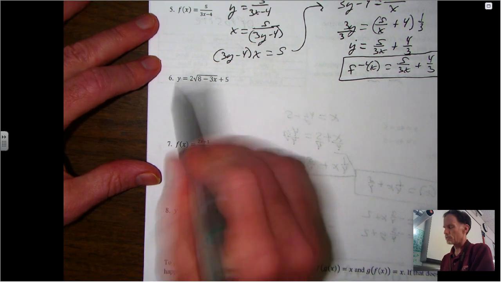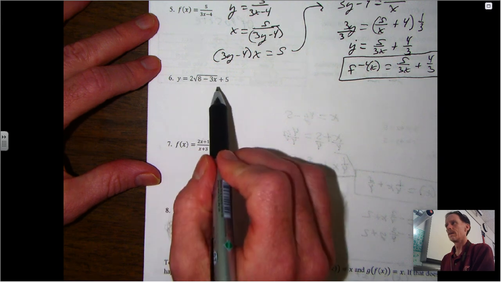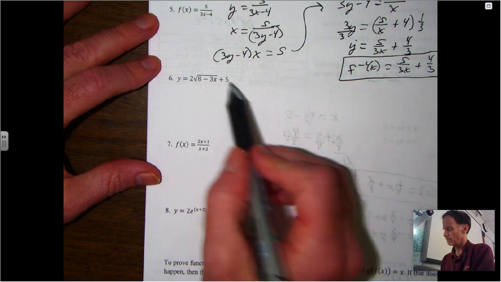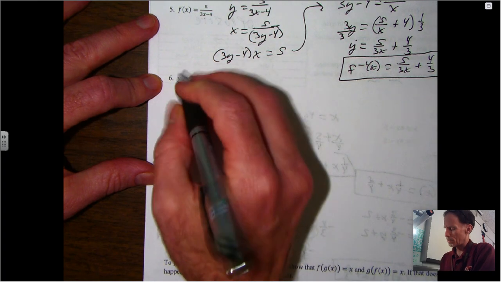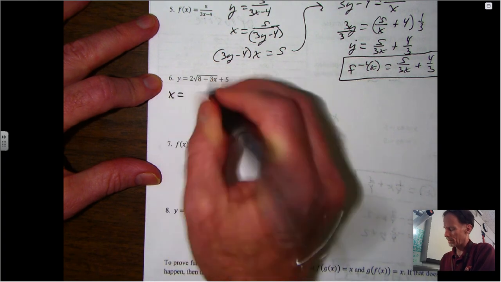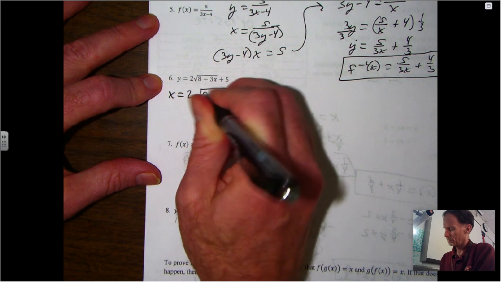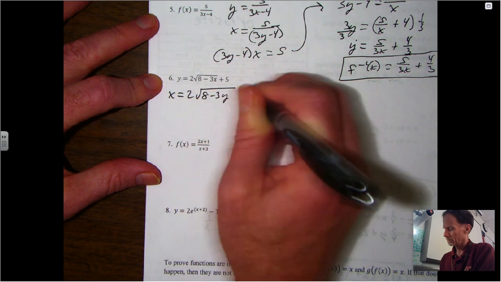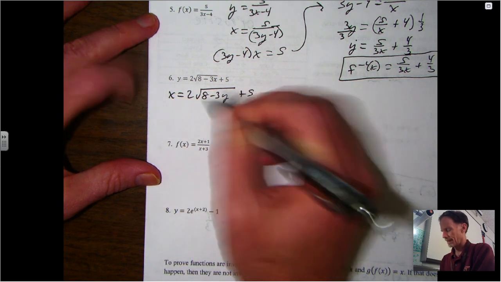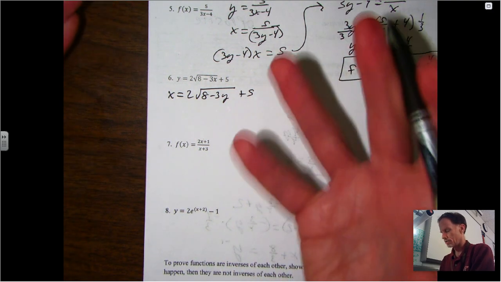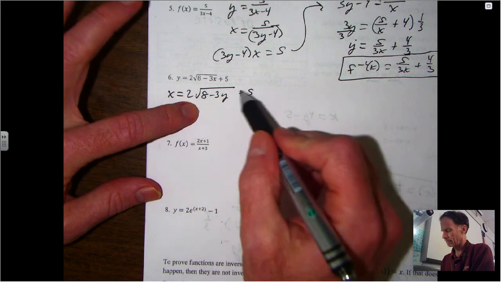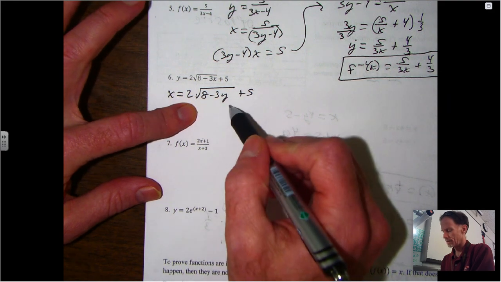One more, and this is about the most complicated one you're going to see here, even on a test. So let's go ahead and do this one. Remember, after we switch everything, make sure you're doing this in the order that we need to do it in for algebra. So we need to isolate the radical first, and then we can start getting the y by itself.